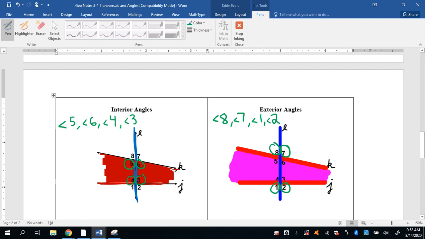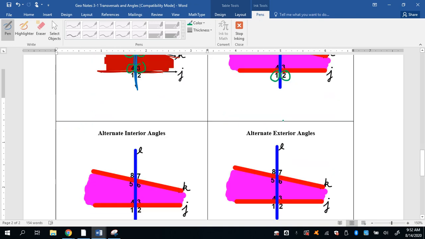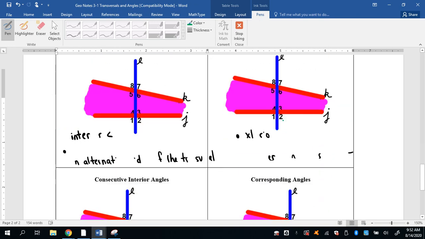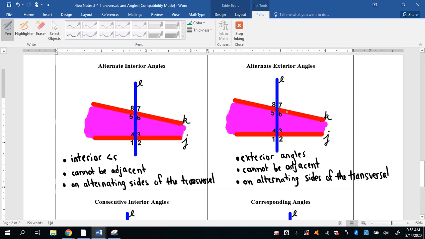Okay, now the next ones, go ahead and make sure that you are coloring your next pictures. And now let's find more pairs. So alternate interior angles are going to be interior angles, and they cannot be adjacent, and they have to be on alternating sides of the transversal.